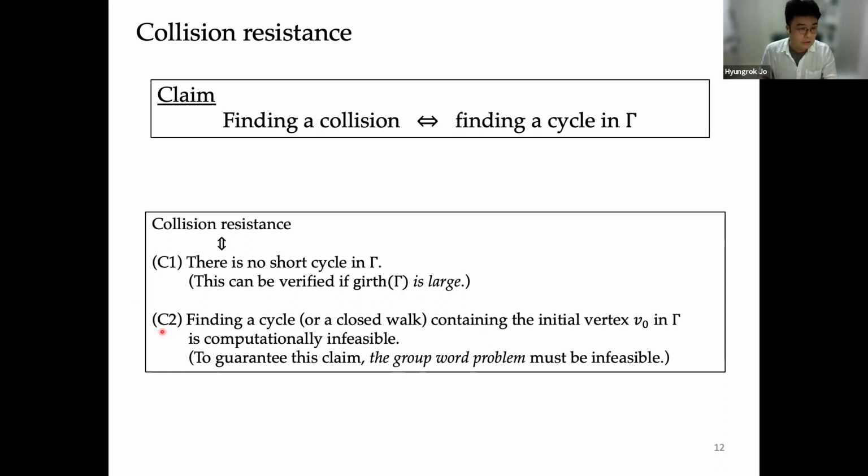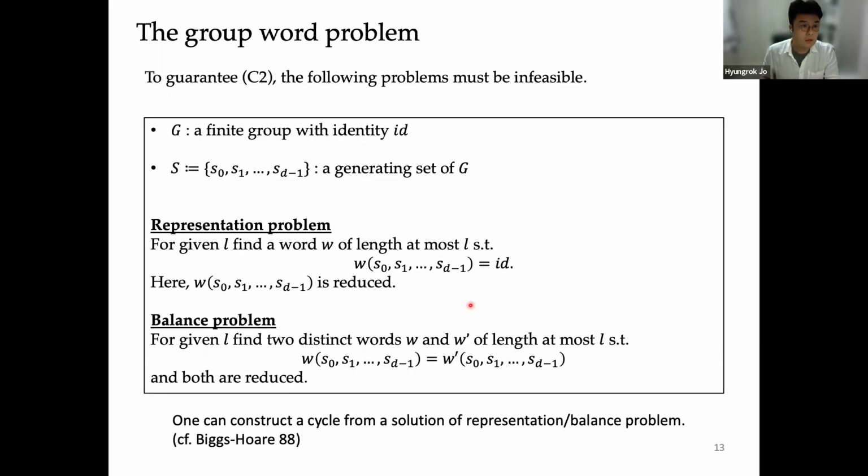And the second condition is that finding a cycle or a closed walk containing the initial vertex V0 in gamma is computationally infeasible. To guarantee this second condition, the following problem must be infeasible.